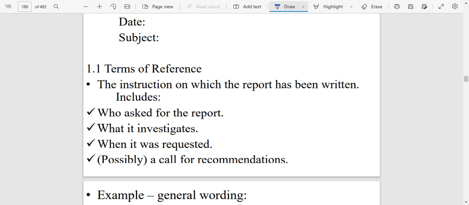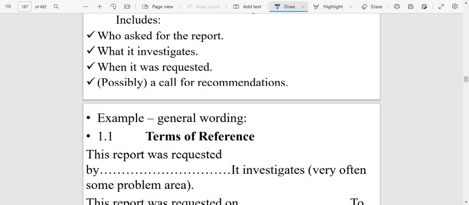So the instructions on which the report has been written are what we call terms of reference, and they include who asked for the report. Okay, what it investigates, what is the report investigating, when it was requested, even possibly a call for recommendation, what do you think should be done?